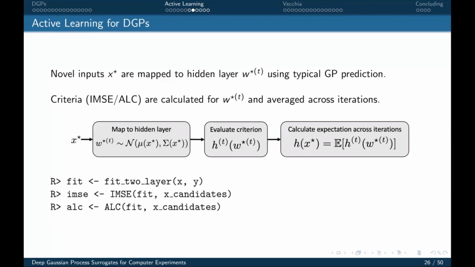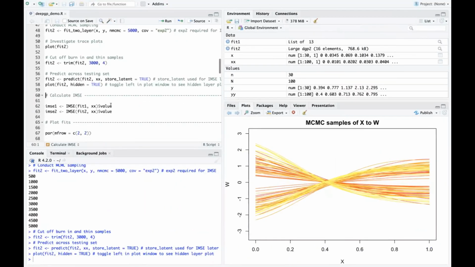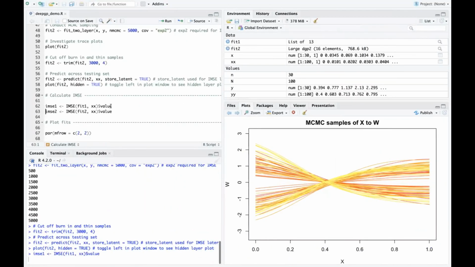And again, we have this in the code. This is exactly what it does. After you do the fit, you can ask it to evaluate this criterion or the other one I was telling you about that comes from machine learning. So I'm going to just do that really quick. That was the next part of the slide. So I'm going to fit it first for an ordinary Gaussian process and then for a deep Gaussian process.